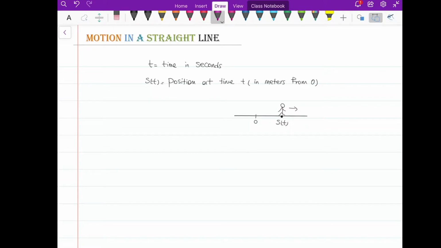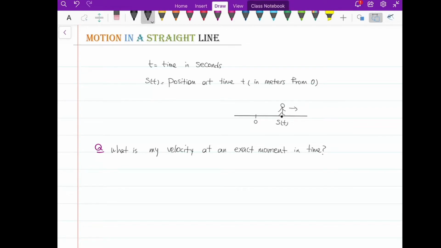The question is this: what is my velocity at an exact time, at the moment? So what is my velocity at an exact time, an exact moment in time?